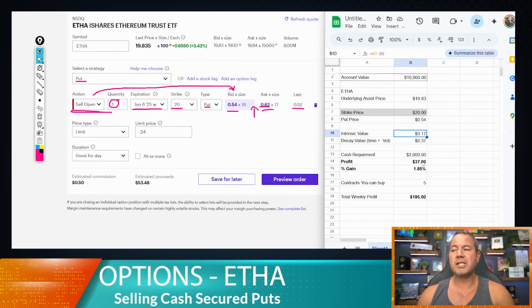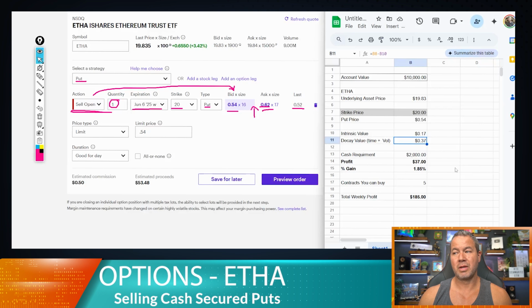Now, I can reasonably assume that if the stock were to not move, let's just say it ends Friday afternoon, which is when expiry is, if the stock is $19.83, I'm still going to have an intrinsic value of 17 cents, but my time decay value will be 0.